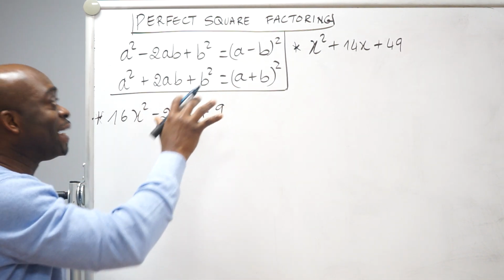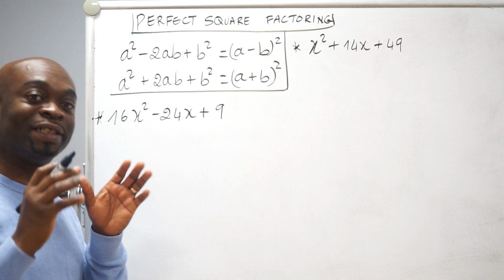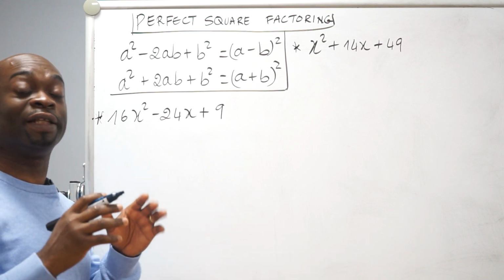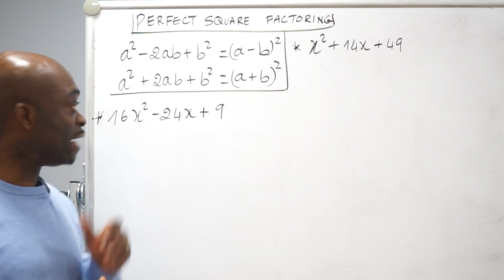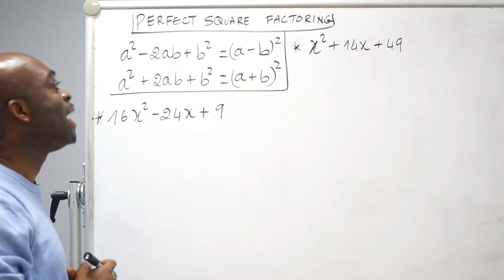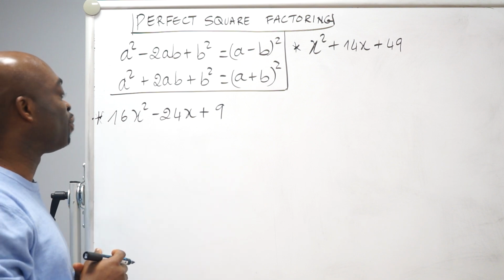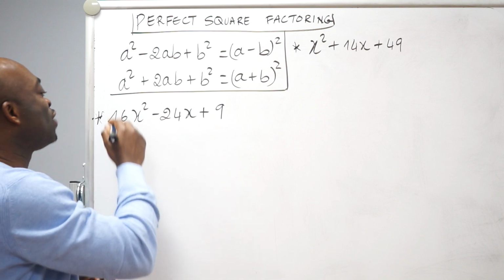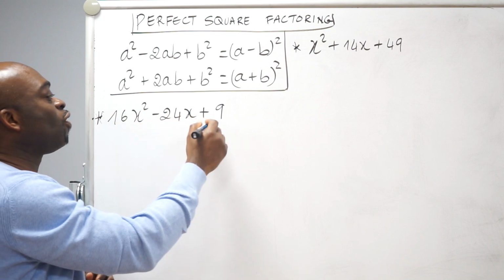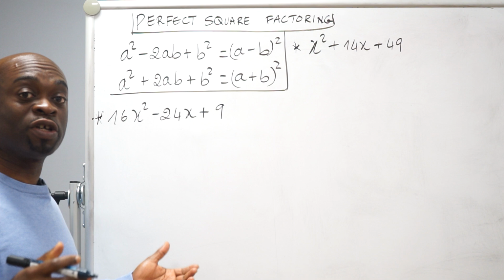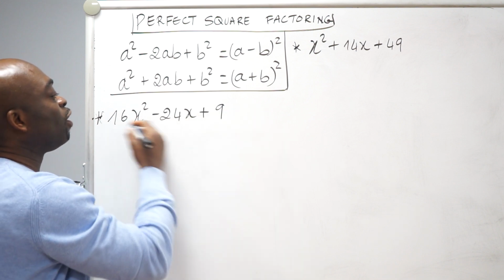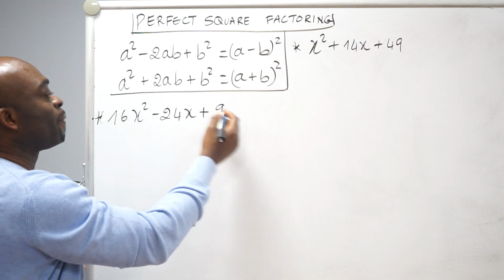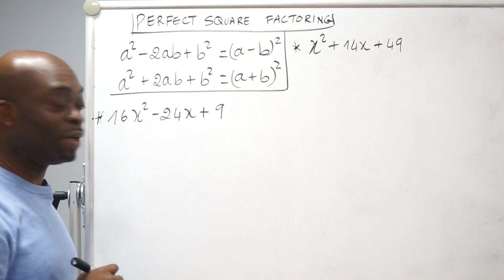So you can see that and know automatically how to detect these problems, so that you can be faster in answering your questions. Now, let's go to the problem so we can really see what's happening here, okay? So we go practical now. You have 16x squared minus 24x plus 9. The first question is, which one of these two formats does this one go with?